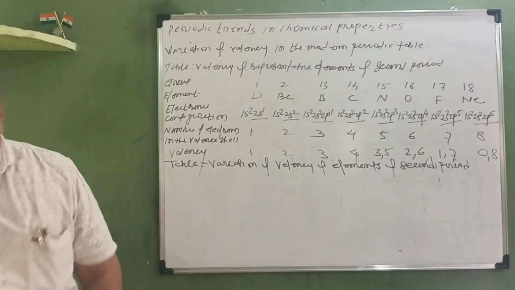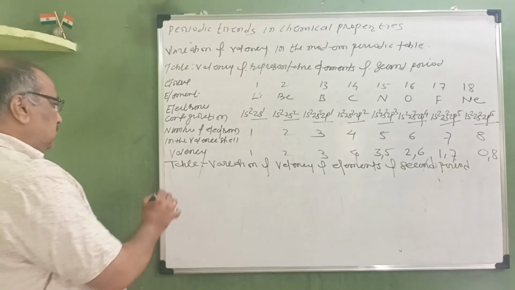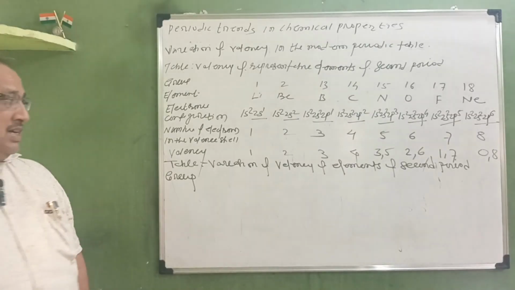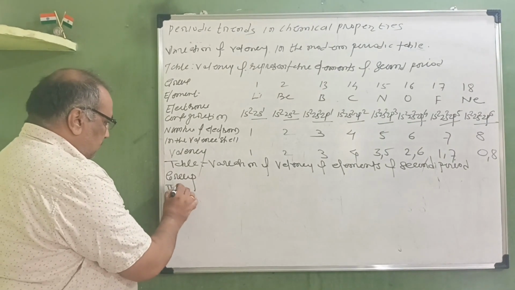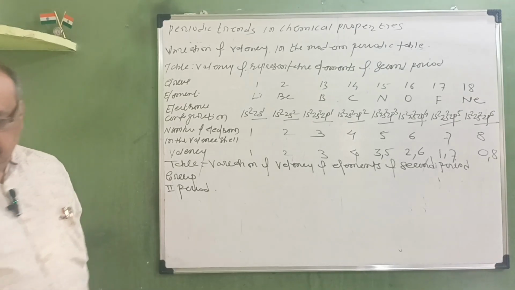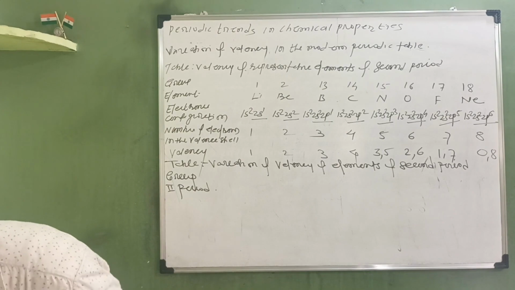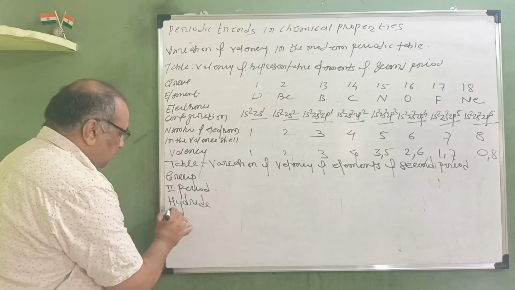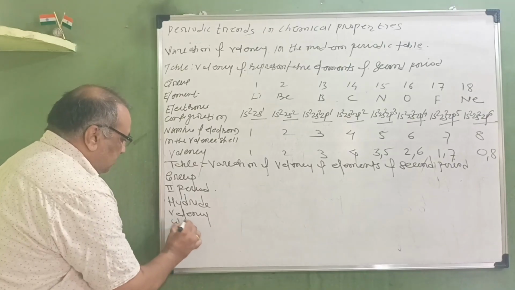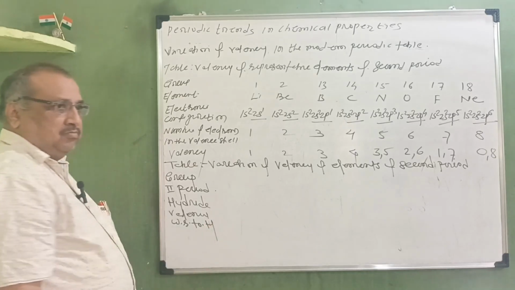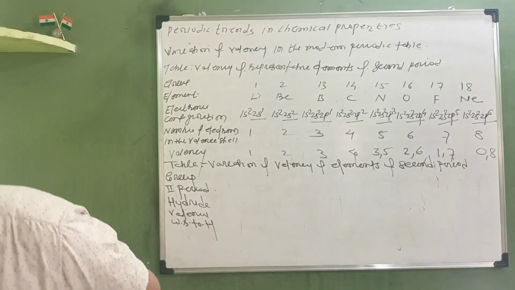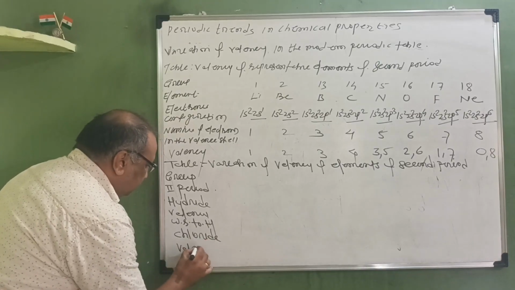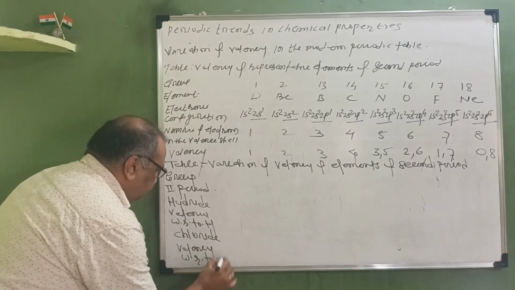That means here group, second period, hydride, valency with respect to hydrogen, chloride, valency with respect to chlorine.